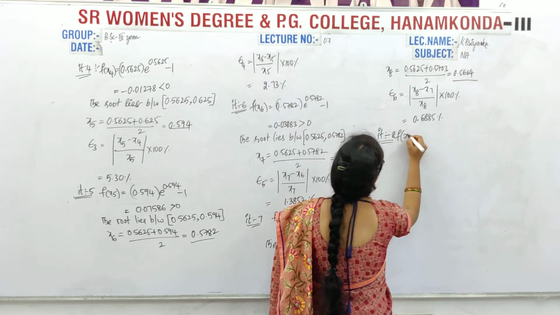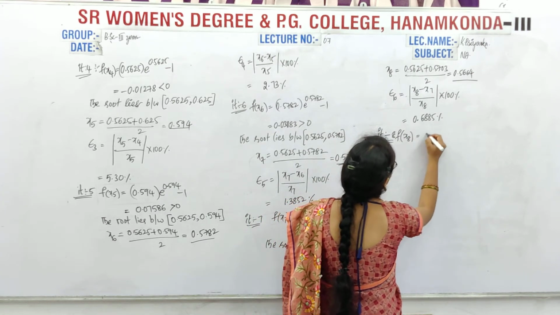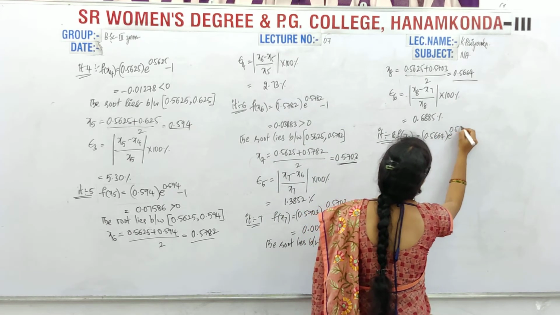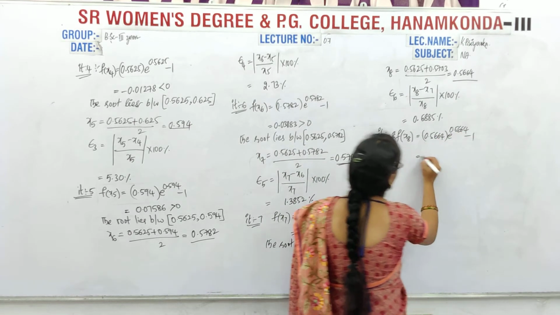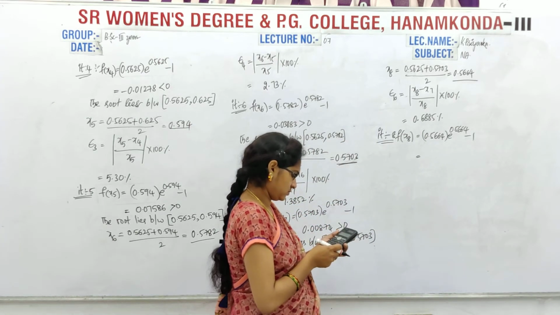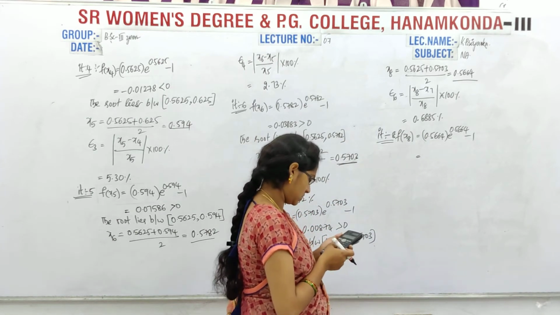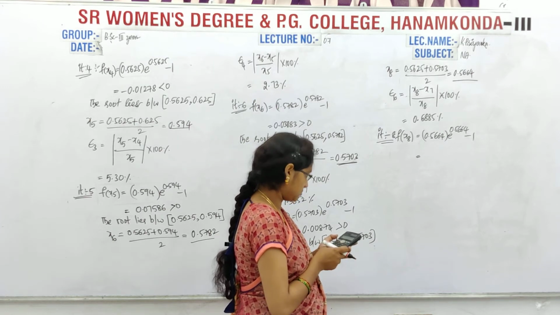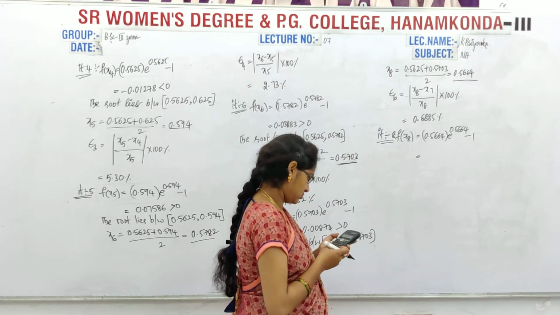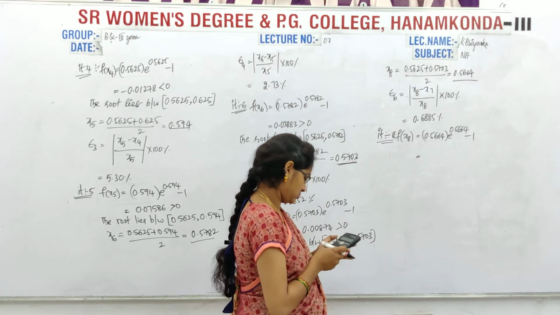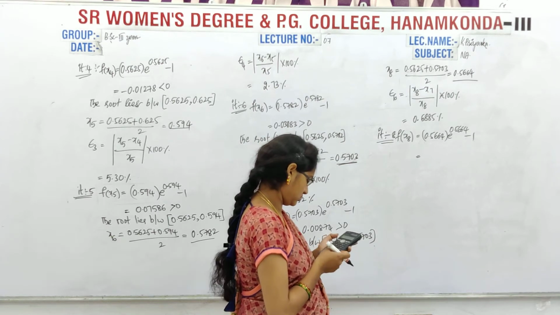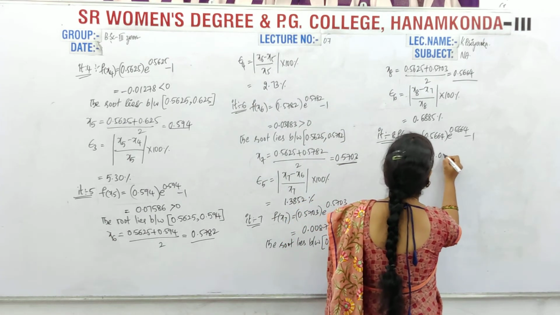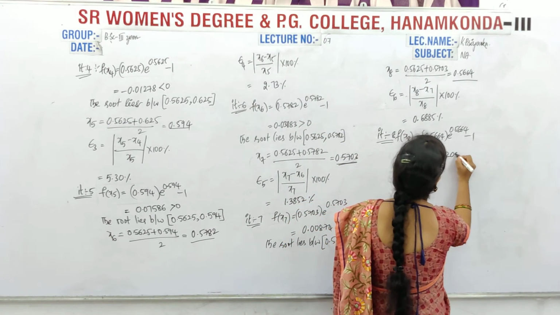So that's why we have to go for the next iteration, iteration number 8. Now f of x8 equals 0.5664 into e power 0.5664 minus 1. Now calculate it. So again we have a negative.